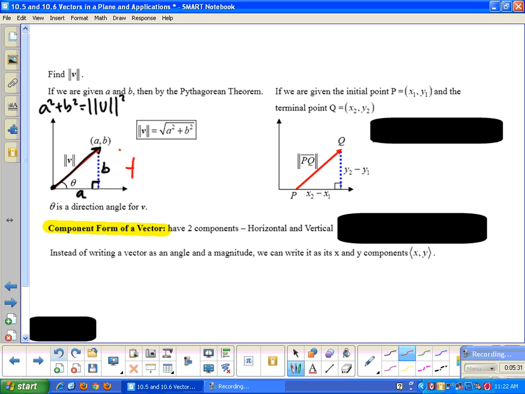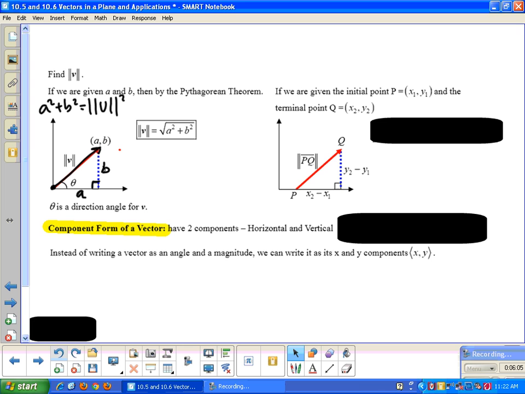So if I wanted to do opposite over hypotenuse, I have sine. Let's say I did the sine of theta. The sine of theta would be equal to B over the length of the vector. And then I could solve for B by saying the length of the vector times sine of theta. I can also do the same thing for the cosine, but I'm not going to write that down right now because we're going to do that later, but just so you can see.